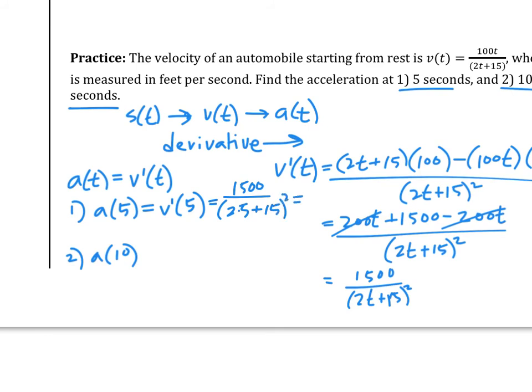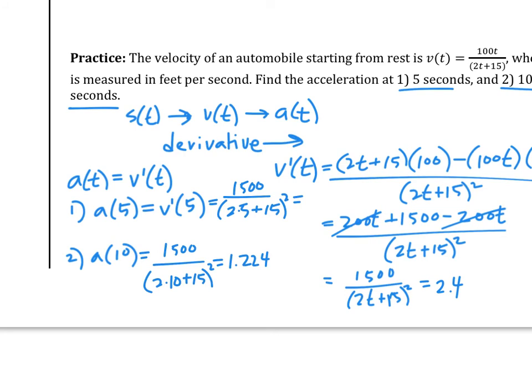And then we use our calculator, and we get 2.4. All right, we do the same thing for a of 10, so 1500 divided by 2 times 10 plus 15 squared, and we get 1.224. Okay, make sure you round to 3 digits after the decimal.